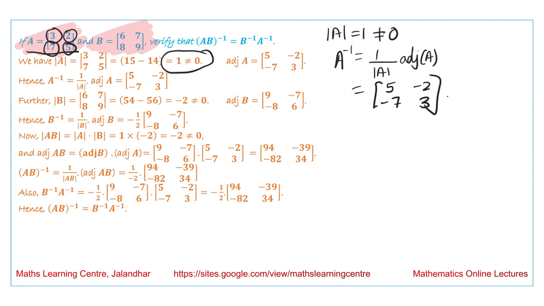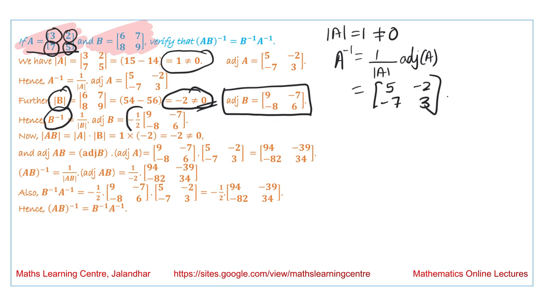Similarly, if we calculate determinant of B, the answer is minus 2, again it is not equal to 0, and adjoint of B is 9, minus 7, minus 8 and 6. So B inverse, when we calculate, it is 1 over determinant of B into adjoint B, so we get this answer. Next thing we have to calculate is A into B, determinant of A into B.